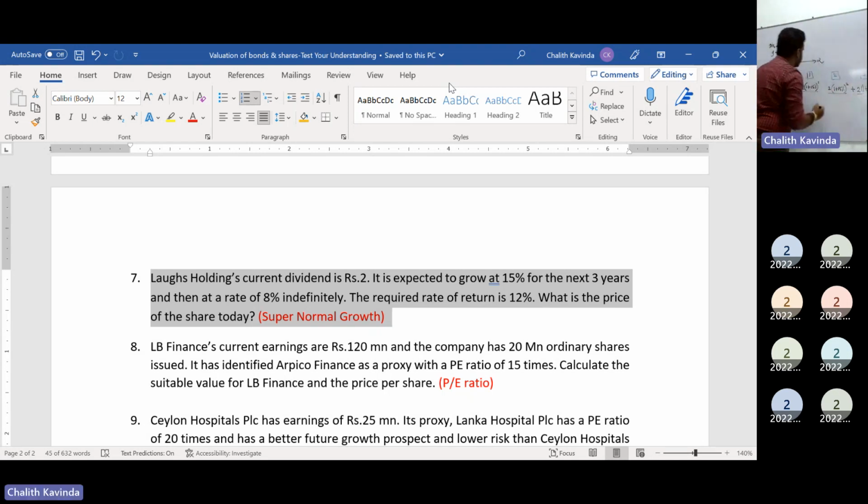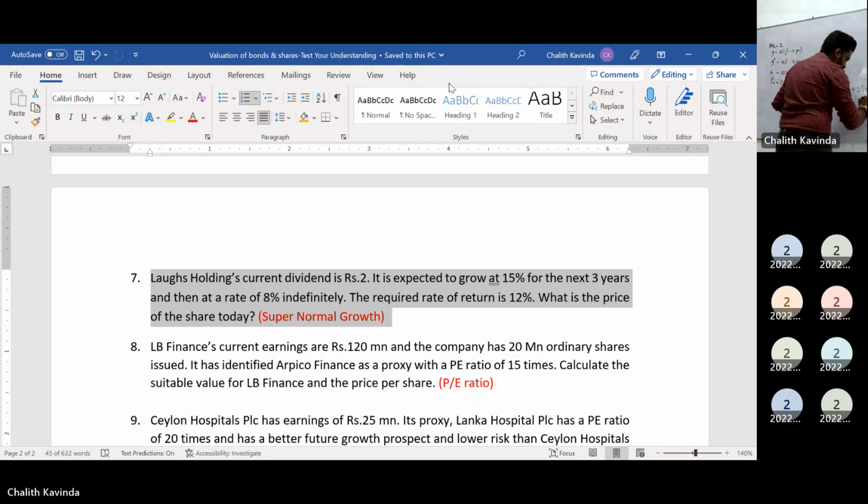Your discount rate is 12%. 1 plus 12% to the power 1, 1 plus 12% to the power 2, 1 plus 12% to the power 3.